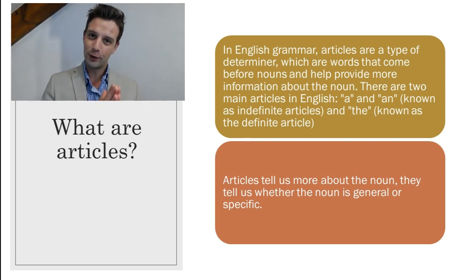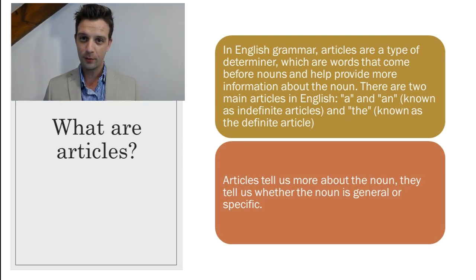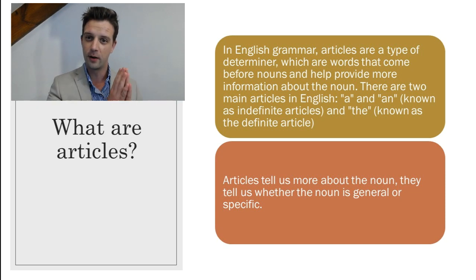So to sum up, articles are types of words that give us a little bit more information about the noun. They tell us whether the noun is general or whether the noun is specific. That's the basic point. A lot of my students make mistakes using articles.